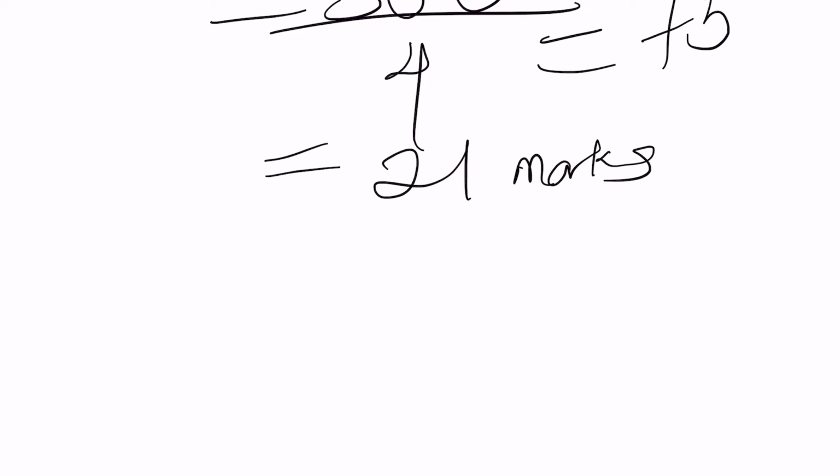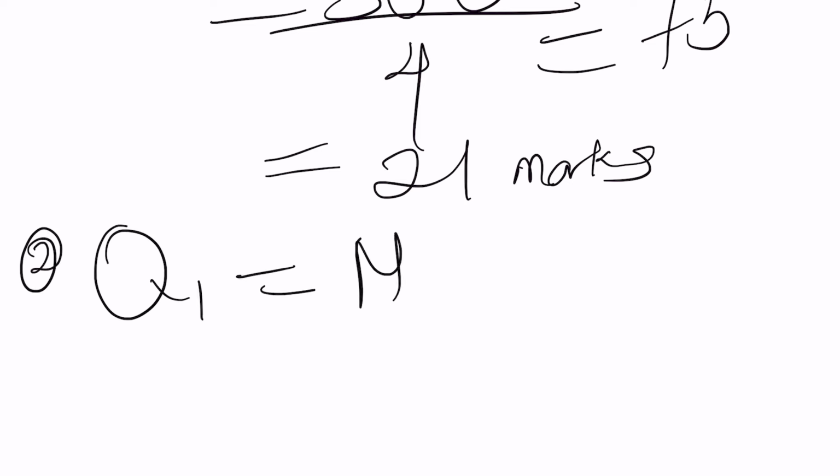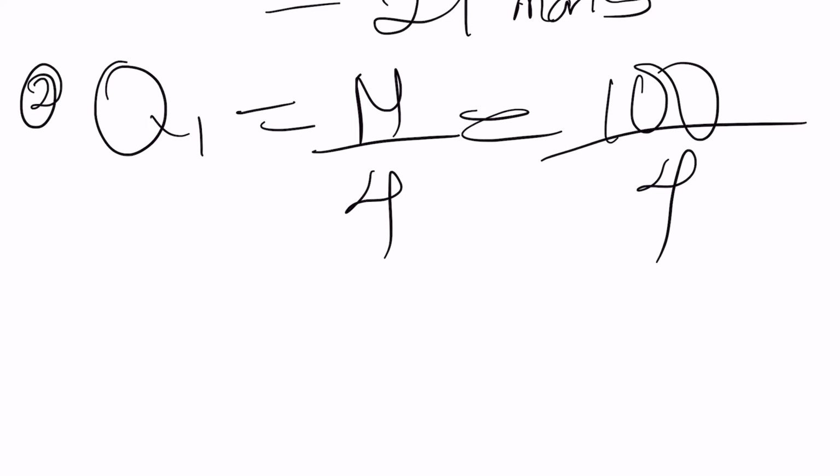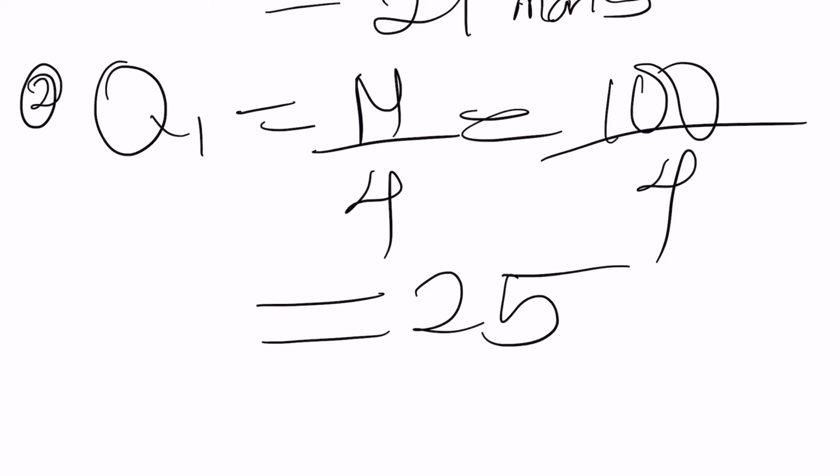For the lower quartile, Q1, we have n over 4, which is 100 over 4, and that is 25. At 25, where do we have it?